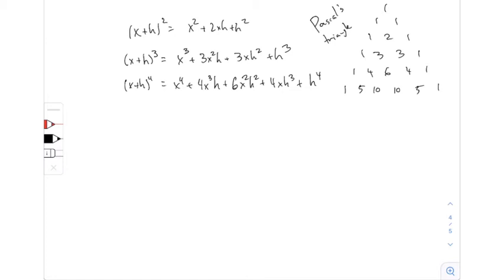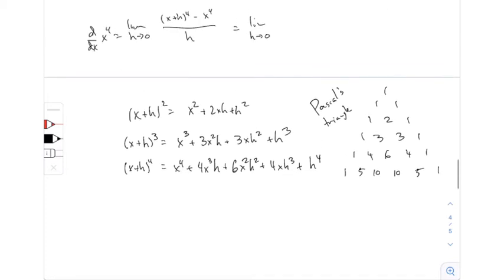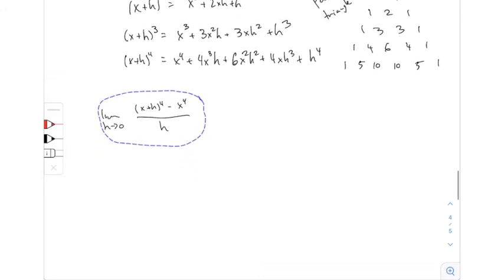Anyway, I'm here to tell you that x plus h to the 4 expands out like that. This is a little shortcut so that I don't actually have to multiply the whole thing by itself 4 times.